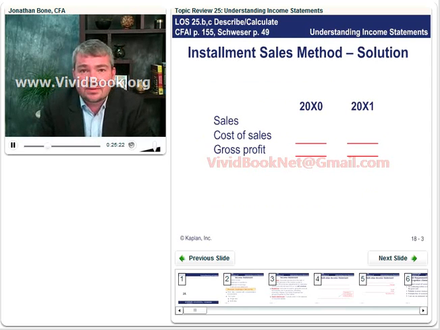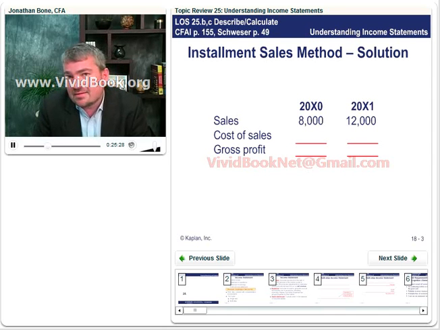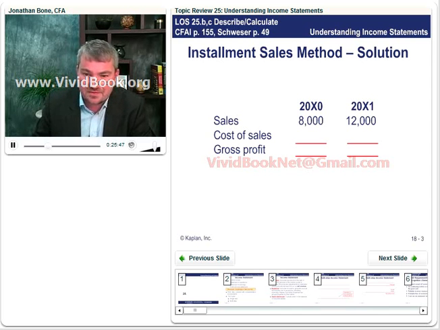Now, it's a fairly straightforward process. The sales figure will just be the cash collected in each year. So you've got $8,000 in X0 and $12,000 in X1. The cost of sales, well, we're going to include in proportion to the cash we've collected to date. So in X0, you've received 8/20ths of the total cash, and as a result, you're going to bring in 8/20ths of that cost of goods sold figure.